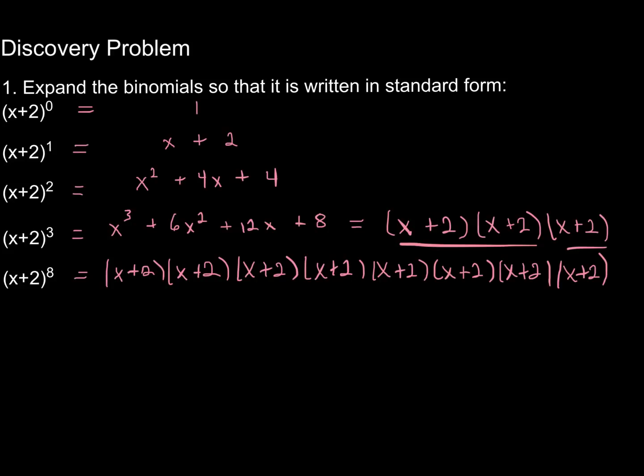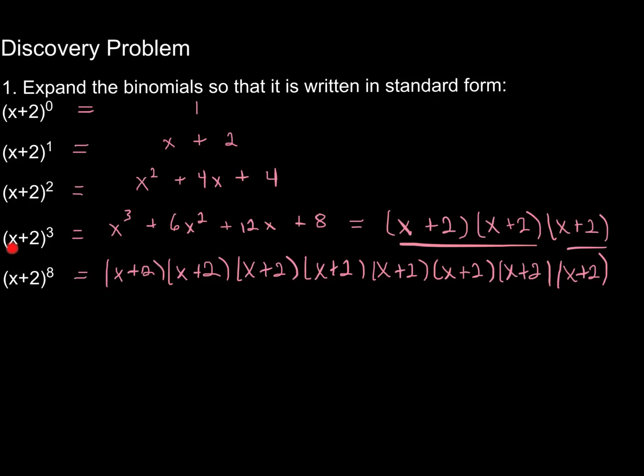So when I'm looking for a rule, looking for a theory as to what is actually happening, I can look to my examples here, noticing some of the patterns. Notice that the exponent here, 0, 1, 2, 3, shows up in the first term, right? Because when I have, for example, x plus 2 squared, I'm going to end up with an x squared because I'll have an x times another x.